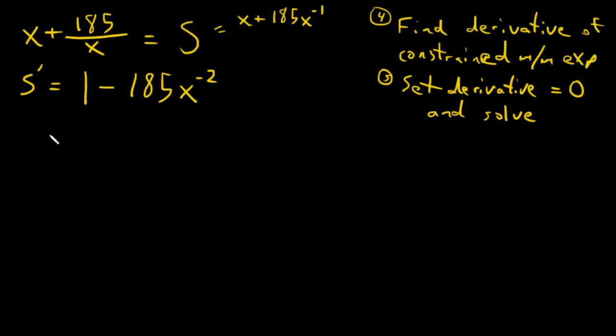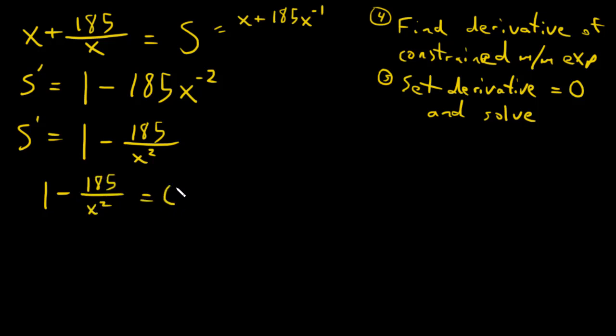Okay, I can rewrite that as 1 minus 185 over x squared. So now I have my s prime. I have taken the derivative of the constrained min-max expression. Now, I set it equal to 0 and solve. So, 1 minus 185 over x squared equals 0.